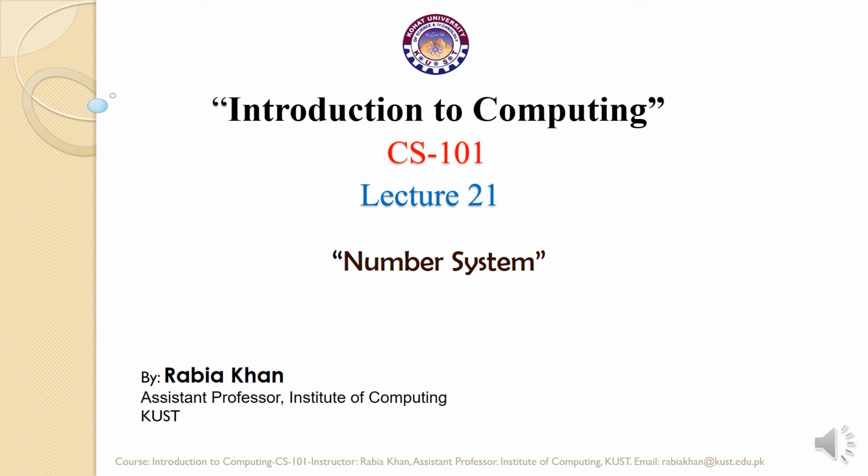Another number system is the octal number system, having base 8. It consists of a total of 8 digits from 0 to 7. It had its applications in earlier computers and was normally used to represent memory addresses, but it has now been replaced with the hexadecimal number system.